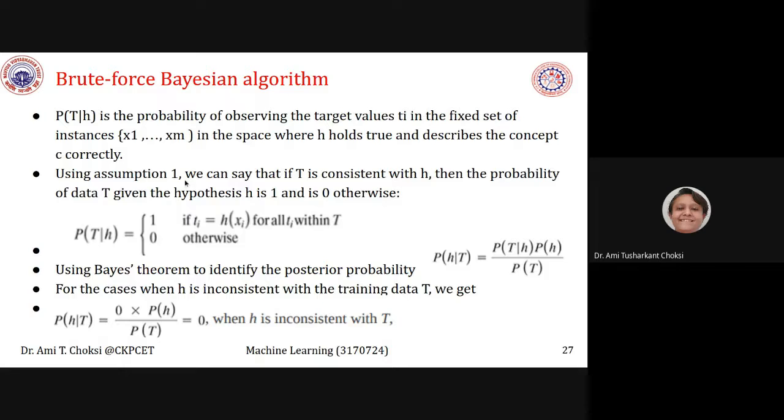Using assumption 1, we can say that if T is consistent with H, then the probability of data T given the hypothesis H is 1, and 0 otherwise, right? Either it can be 1 or it can be 0, isn't it? So P of T by H is equal to 1 if Ti is equal to H of xi for all Ti within T, and 0 otherwise, right?